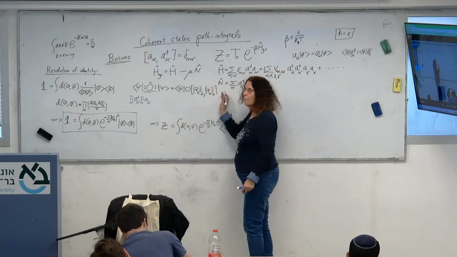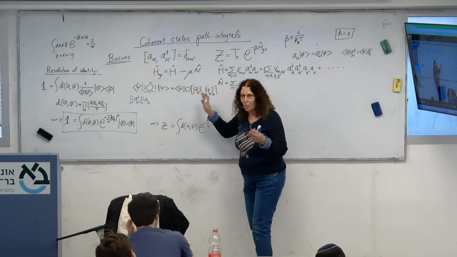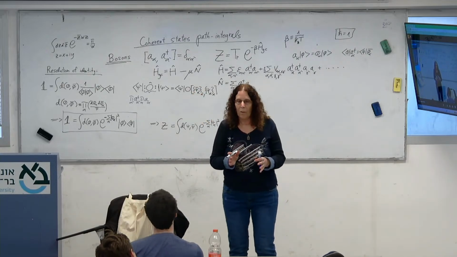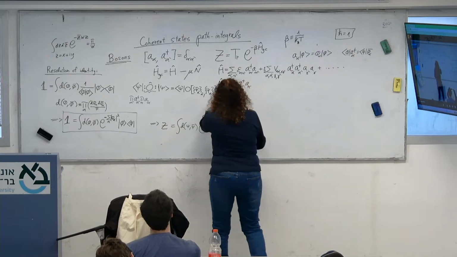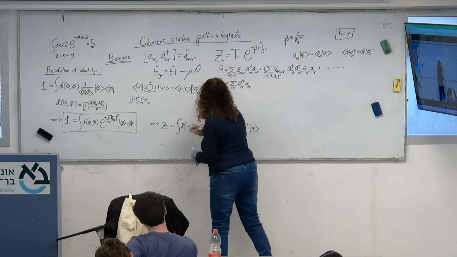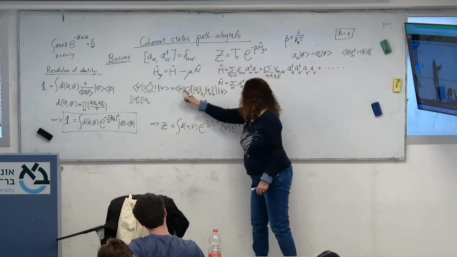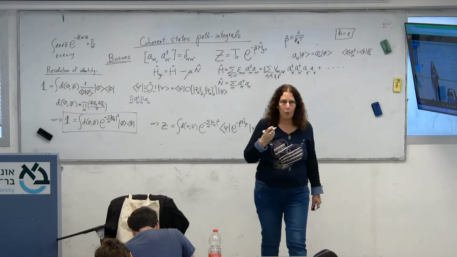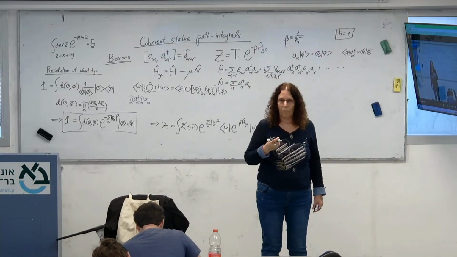All the psi's are on the right and the psi bars on the left, but it doesn't matter because now they are complex numbers. The whole expression in the middle is a C number.